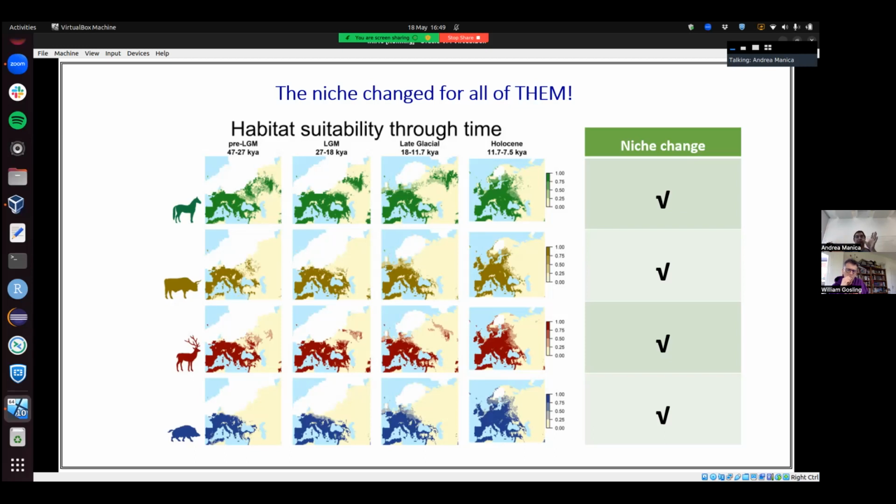Even though we need to be careful, some of those changes might not be adaptation of those animals, but more a change in the whole community. And I think it's going to be interesting to start thinking, quite frankly, more and more in that direction.